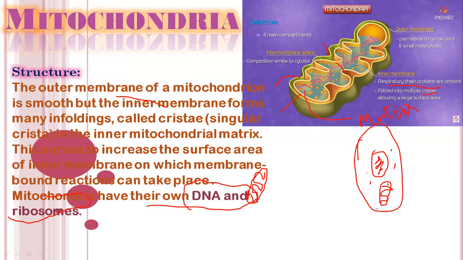There are other structures also which have their own DNA and own ribosomes, and that DNA and ribosomes function just for that structure, that is mitochondria, as well as chloroplast in plant cells. So in animal cells and plant cells, these two structures have their own DNA, present in the matrix.